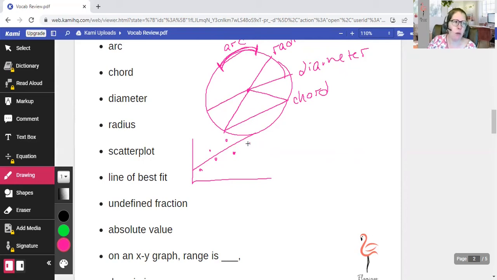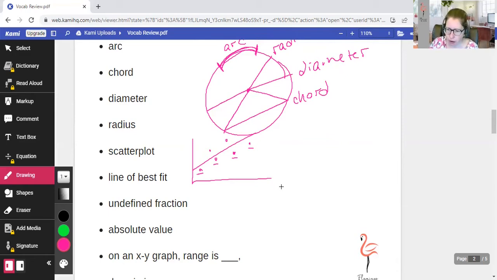So then they'll say, how many times did the prediction predict more shirts would be sold than were actually sold? So then you are looking below because you're looking when the prediction was higher than the real value. And so then you would count your dots, 1, 2, 3, 4. All right. And you just want to be really clear about, are you looking above or below the line? Because that's why students get that question wrong. They go for the wrong side for whatever reason.